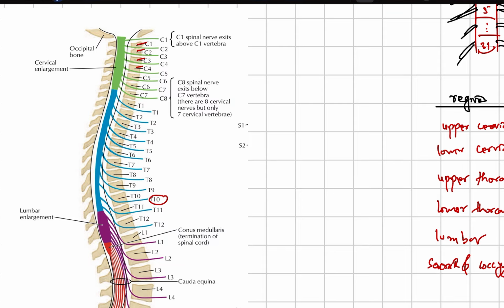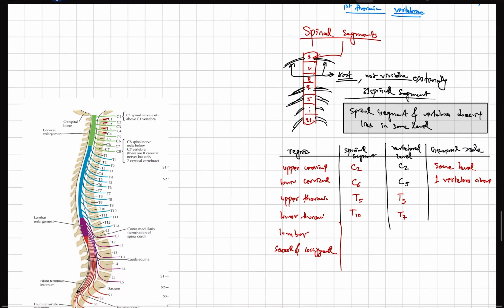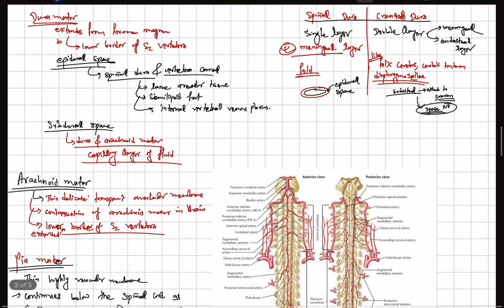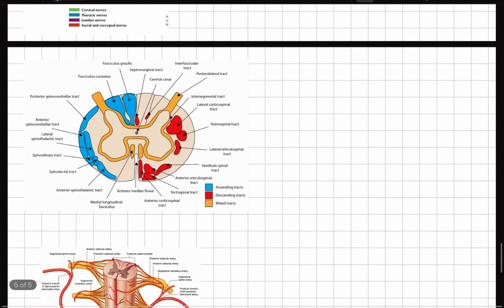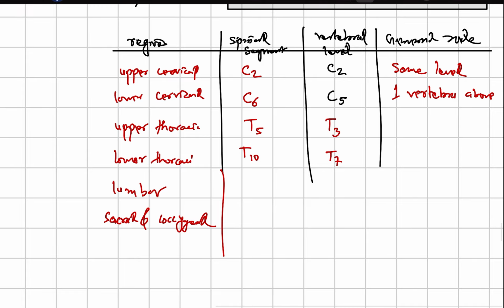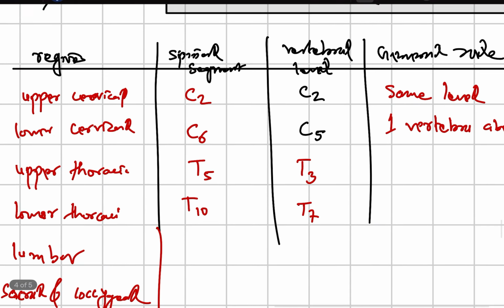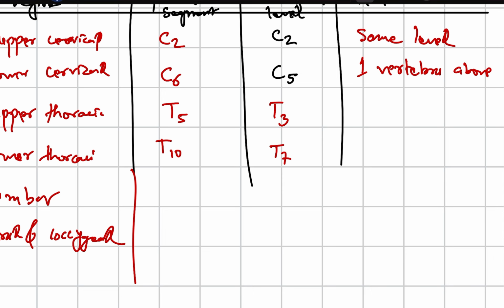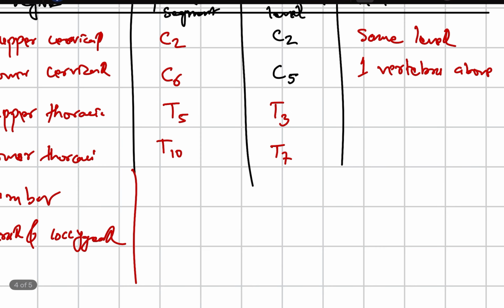This image is not accurate, but in the real image it is that way. So basically, the spinal segment T10 lies at the vertebral level of T7. In the general rule, there is a difference of two vertebrae above for the upper thoracic, and three vertebrae above for the lower thoracic.